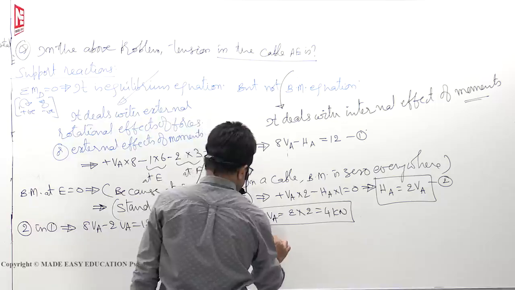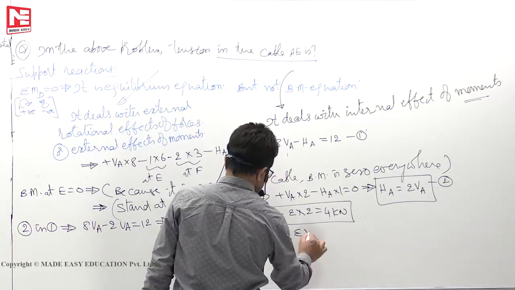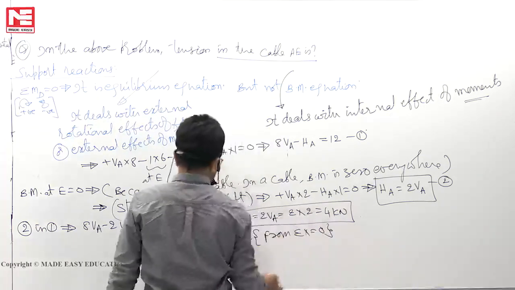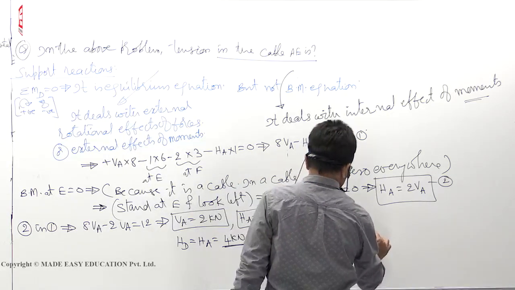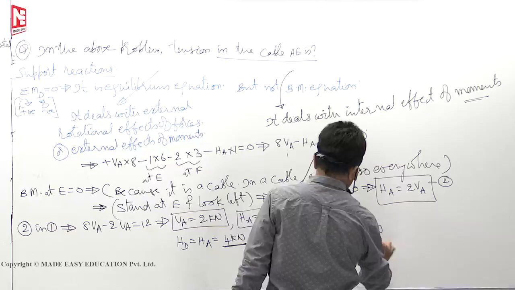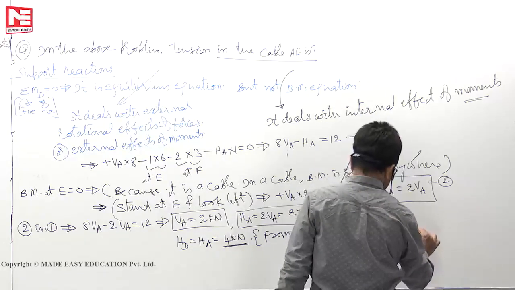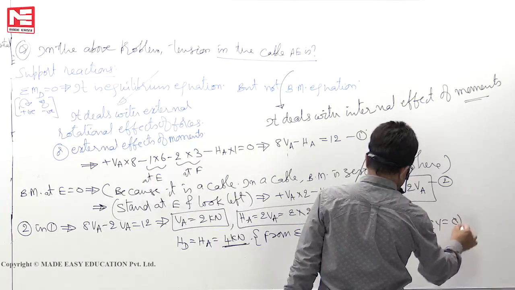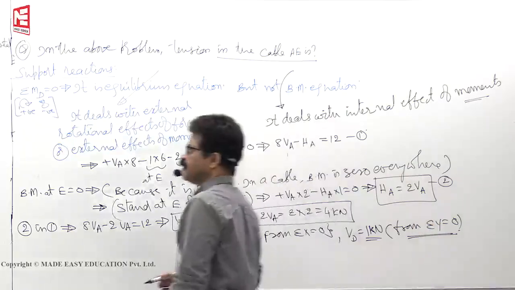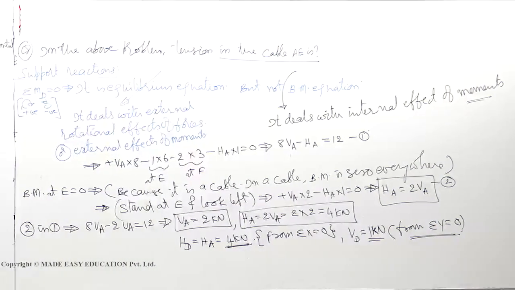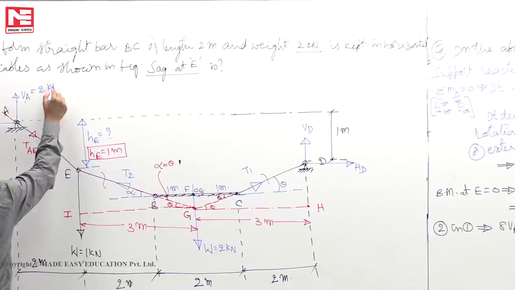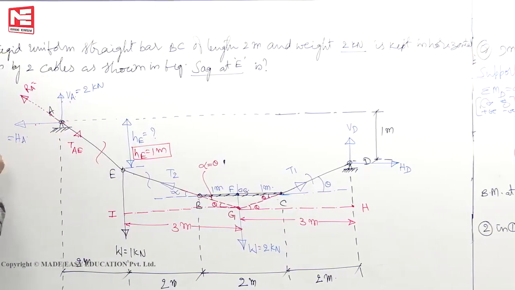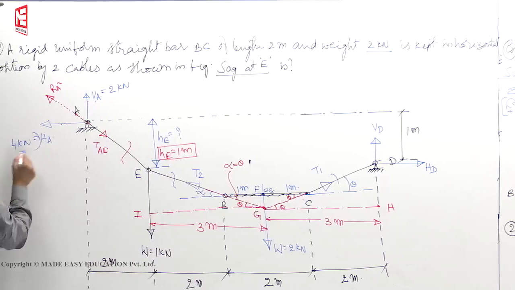This you will get from sigma X is equal to 0. Then similarly, VD you will get 1 kilonewton, from sigma Y is equal to 0.